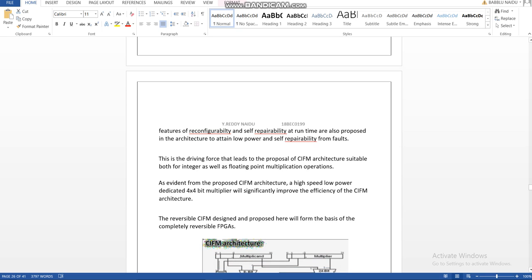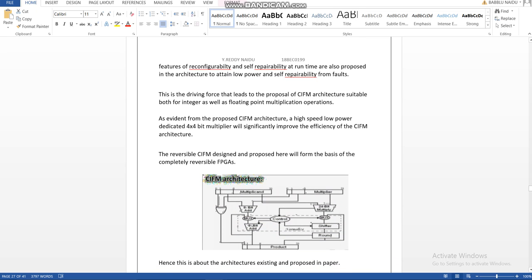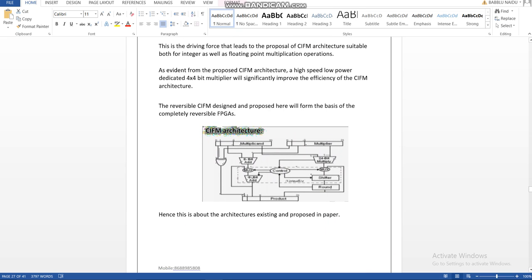This is the driving force that leads to the proposal of the CIFM architecture, suitable both for integer as well as floating point multiplication operations. The reverse CIFM design as proposed here will form the basis of completely reusable FPGAs.